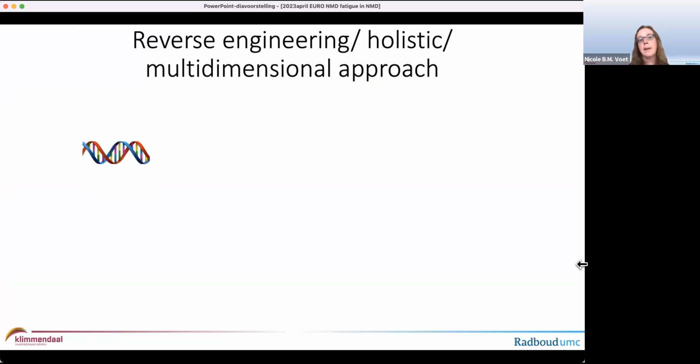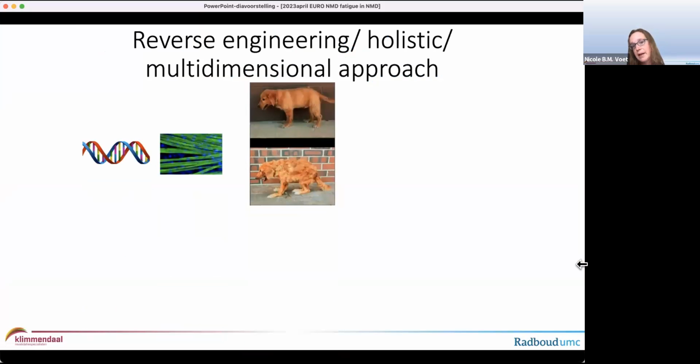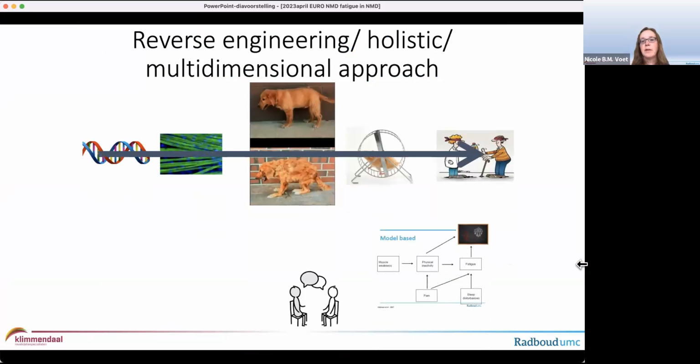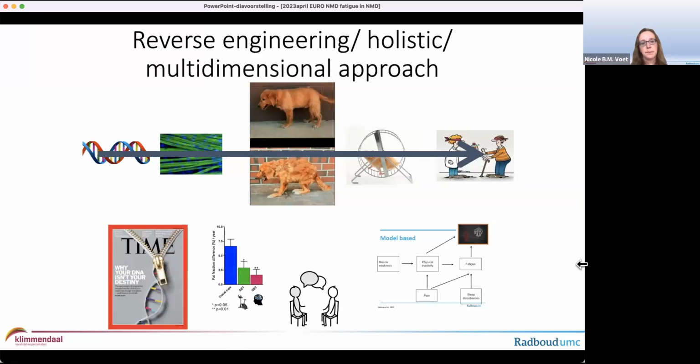Normally, when trying to set up a trial, we begin at DNA, then go to the lab, and then to animal models, and then animal studies, and we hope to invent an effective medication. Not very positive up till now, but now we see that we have two trials based on a model in human people based on fatigue complaints, with a very positive effect on disease progression.